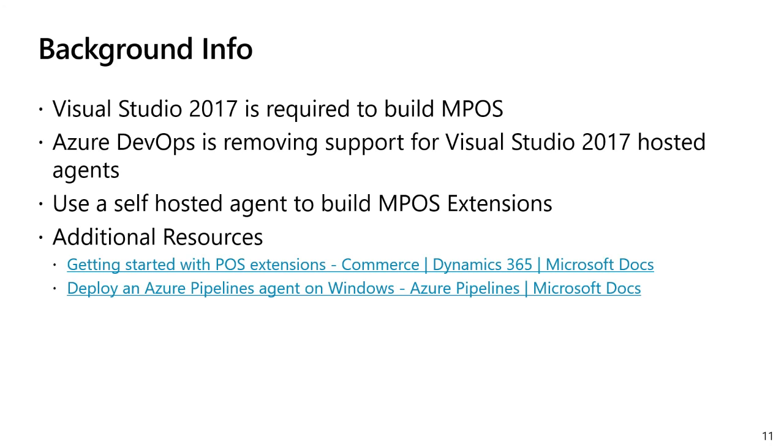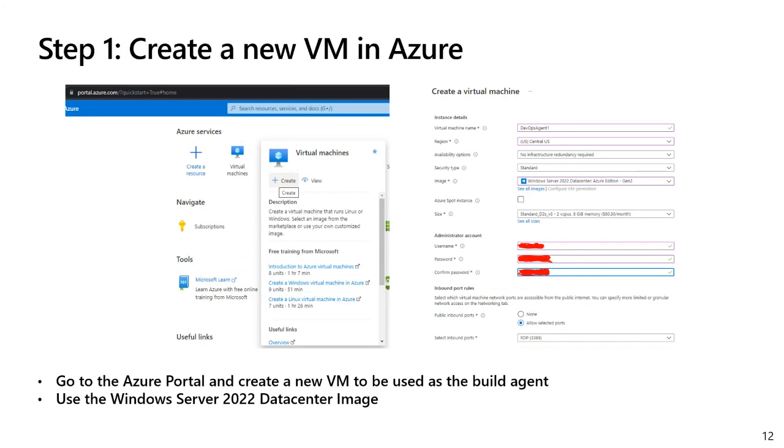And so these are the simple steps that I'll walk through next on how to create that custom agent. These steps will only be required if you're building MPOS customizations. For CloudPOS or any of the rest of the Commerce SDK components, you wouldn't require this custom VM.